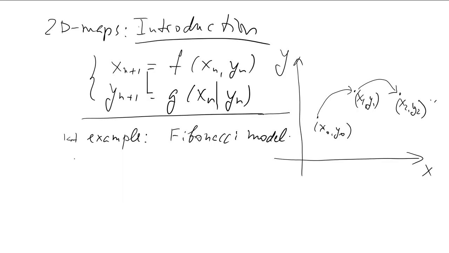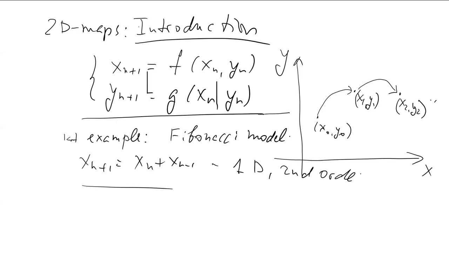It was in fact a one-dimensional map, but second order. So what we had is xn plus 1 equals xn plus xn minus 1.